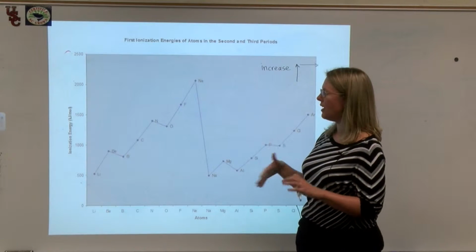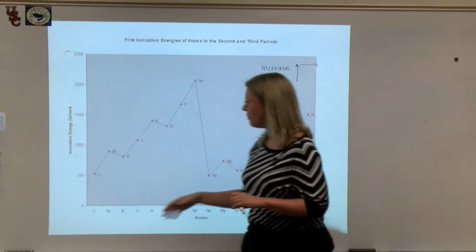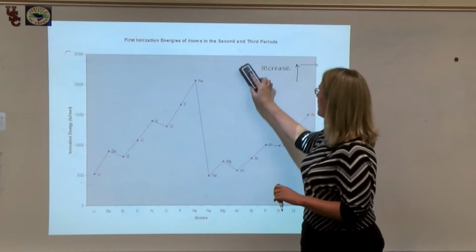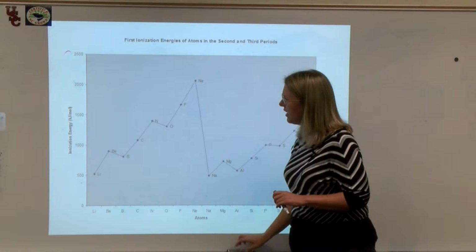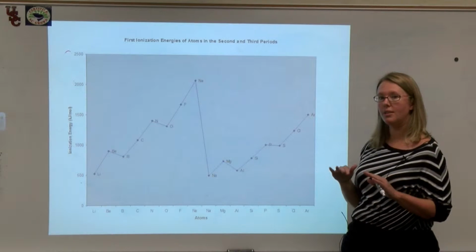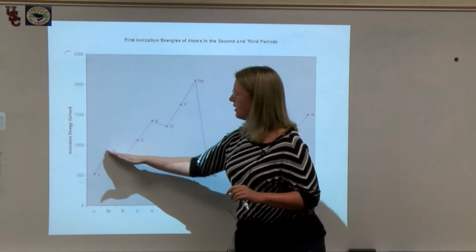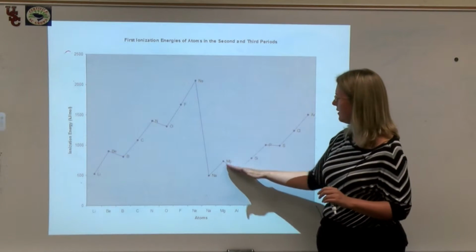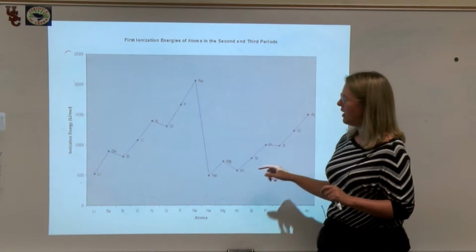Okay? So thinking about that, we can start to explain a little bit why the trend is the way it is. And another thing you can look at with this data is that the trend's definitely not consistent. You see dips here, and it repeats here as well.